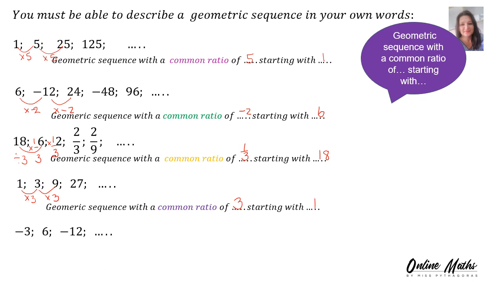And the sequence -3, 6, -12. So what we do here is, again, to get from -3 to 6, we multiply by -2. To get from 6 to -12, we multiply by -2. Therefore, this is a geometric sequence with a common ratio of -2, starting with -3 as the first term.